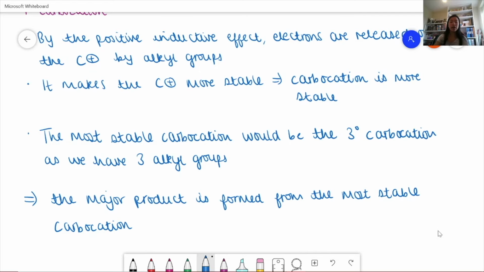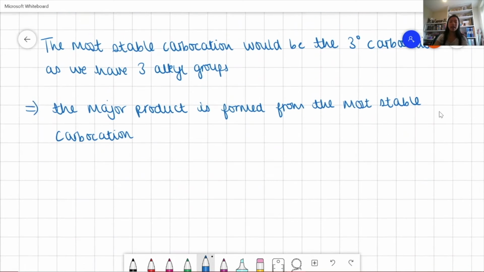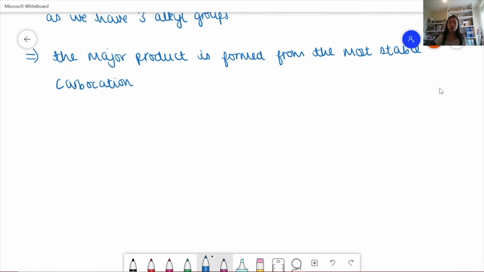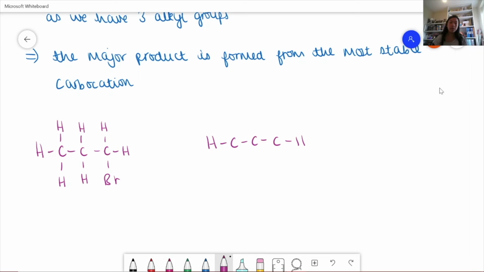And so looking back at our example with propene and hydrogen bromide, we had 2 products. We had 1-bromopropane, so CH3, CH2, CH2Br, and we also had 2-bromopropane, with the bromine on the second carbon this time.